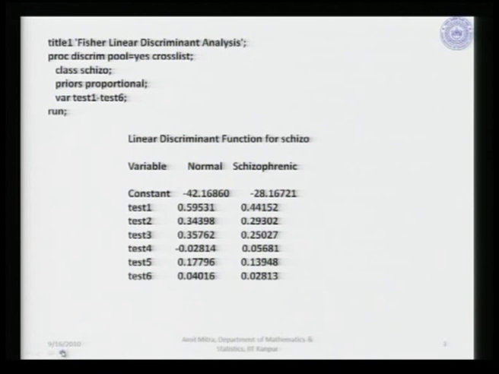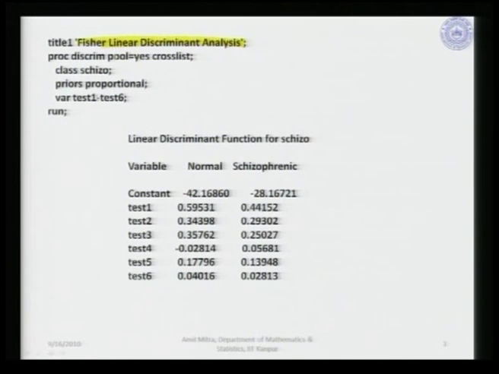Now, in the first case, we apply a type of discriminant function that we had studied in the very first lecture in discriminant analysis, which is the Fisher linear discriminant function. It is implemented using a SAS code which uses the procedure discrim on this particular data.